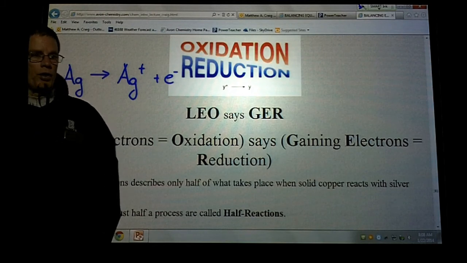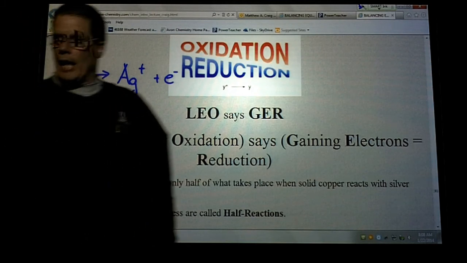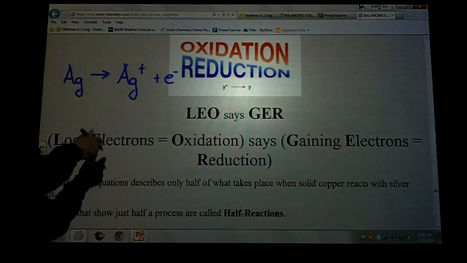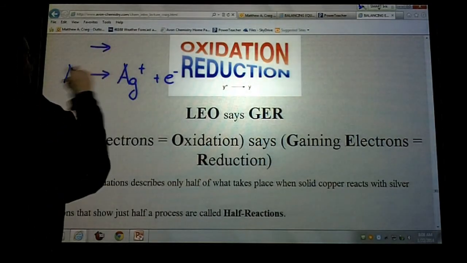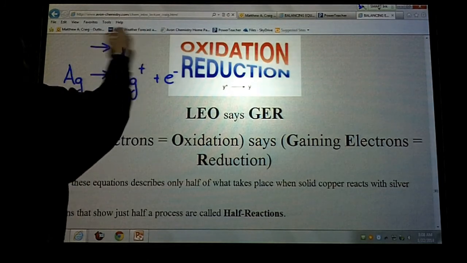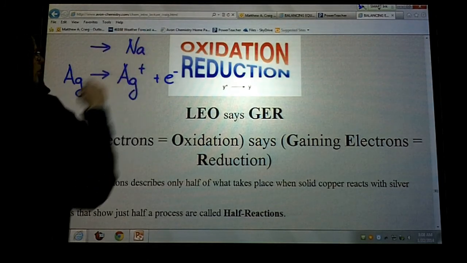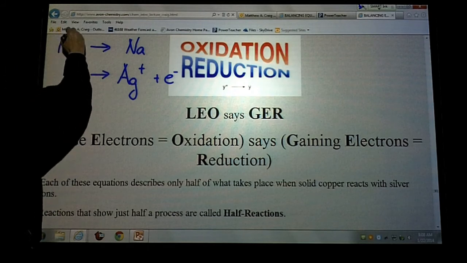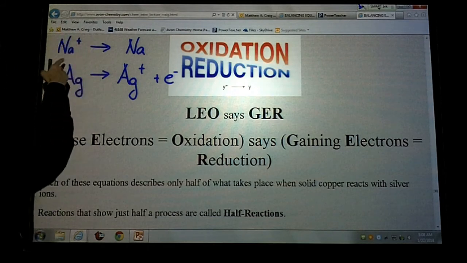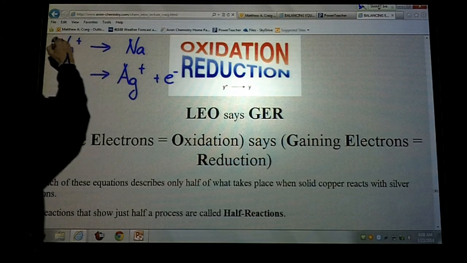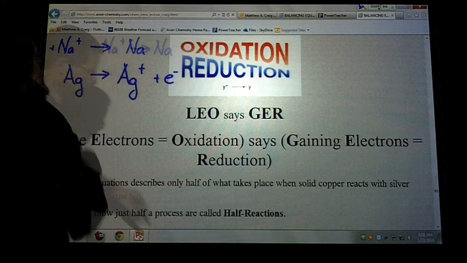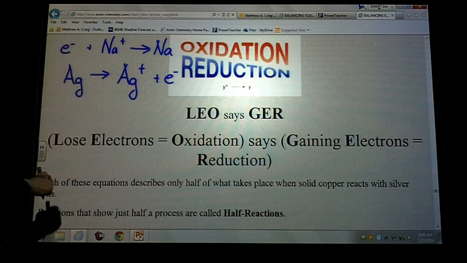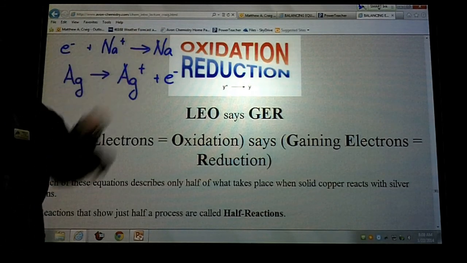In other words, for the silver to lose an electron, it has to be willing to give that electron to somebody else. So generally speaking, there might be another metal on the other side, like, I don't know, sodium all by itself. And so what's going to happen is that sodium had a +1 charge over here, and so it would need to gain that electron, gain an electron to get it to go from a +1 charge to no charge.